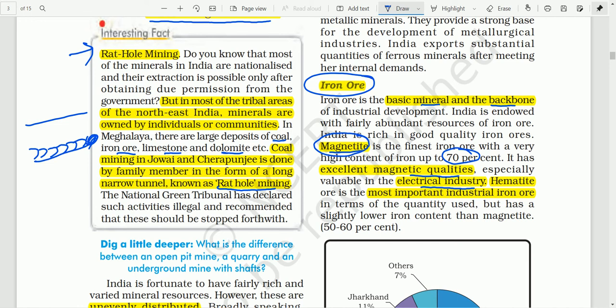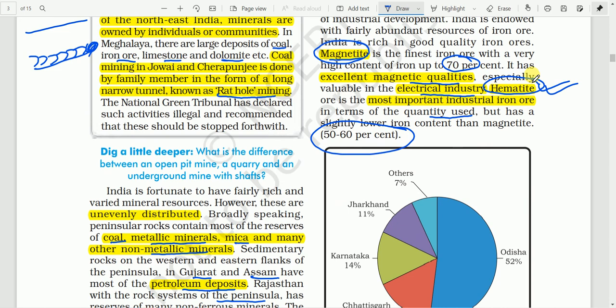Another ore is known as hematite. Hematite is the most important industrial iron ore in terms of quantity used. This is the most commercially exploited iron ore, but it has slightly lower iron content than magnetite, only 50 to 60%.